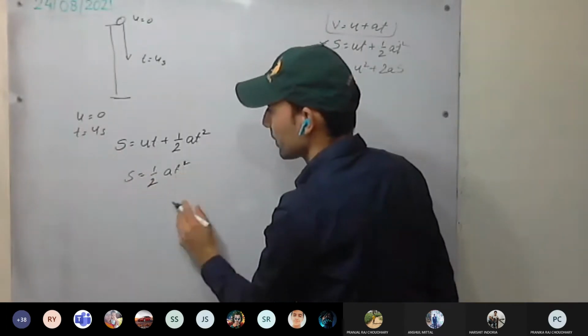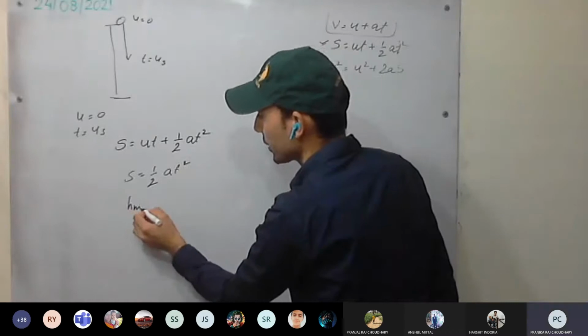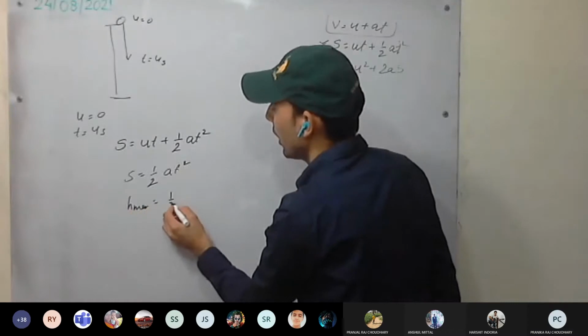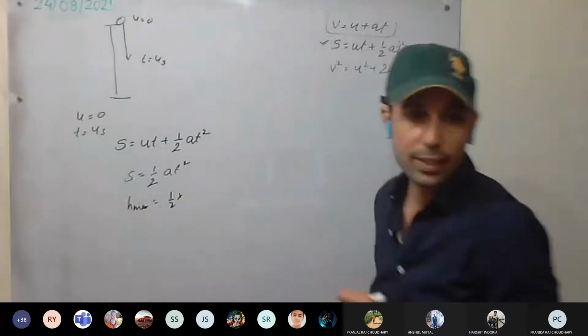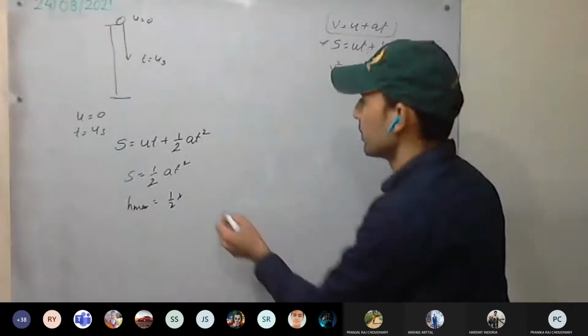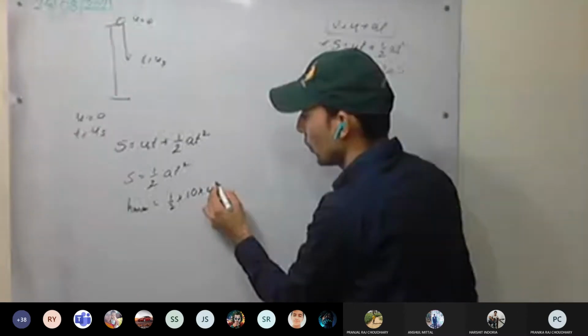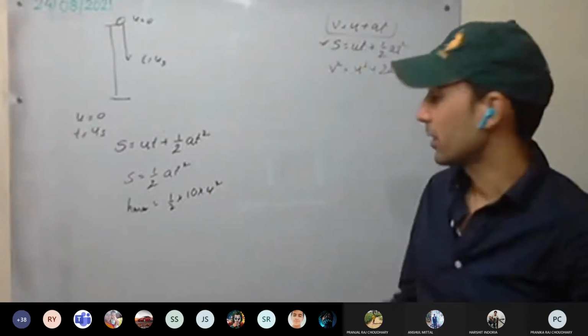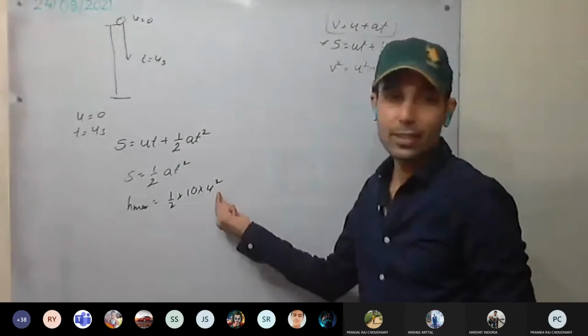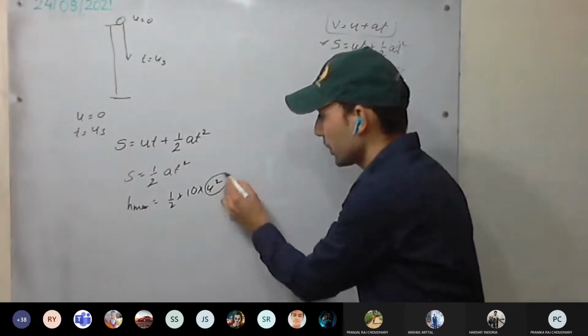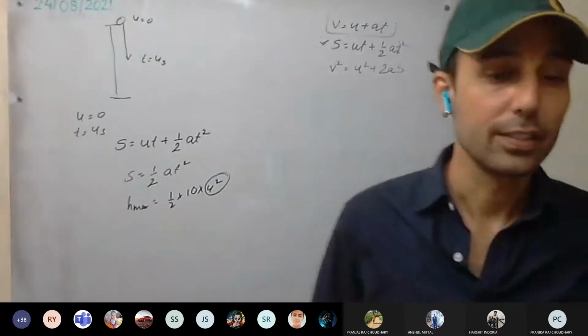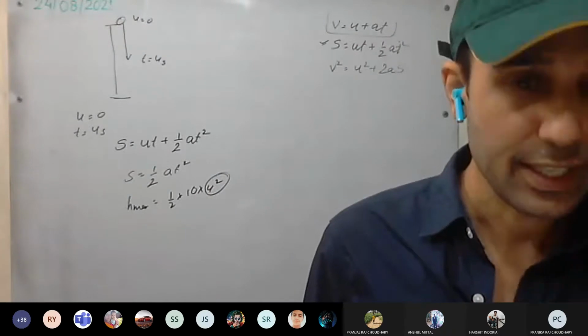Calculate it, everyone. 80 meters. H equal to half into 10 into 4 square, so it is 80. Remember this one, it is t square. Here mainly the students make the mistake. It's t square. Okay, try next one.